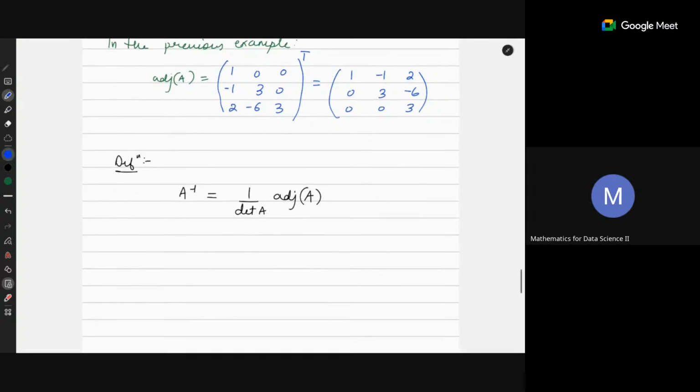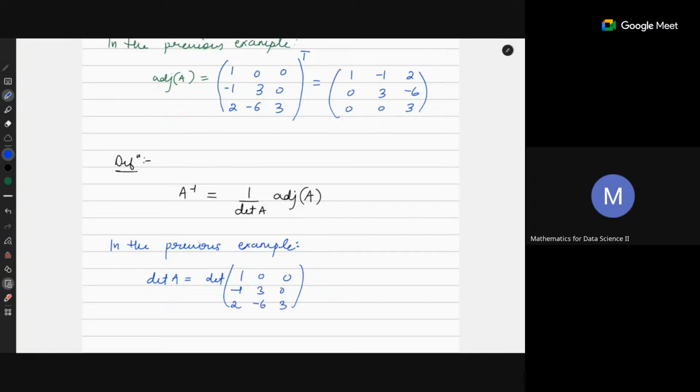Again, in the previous example, what is the determinant of A? Is it 9?